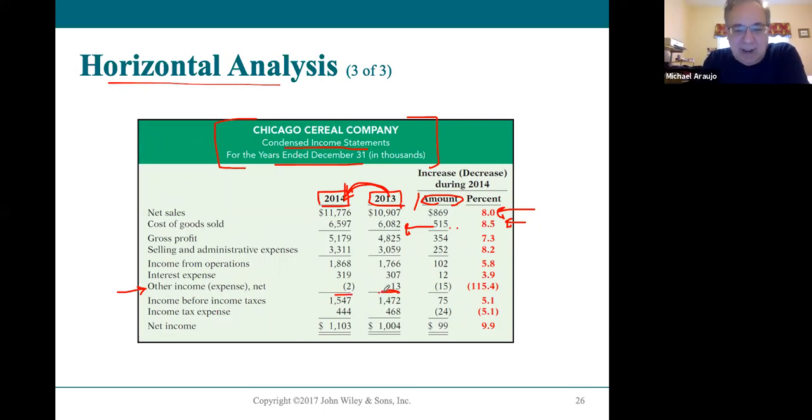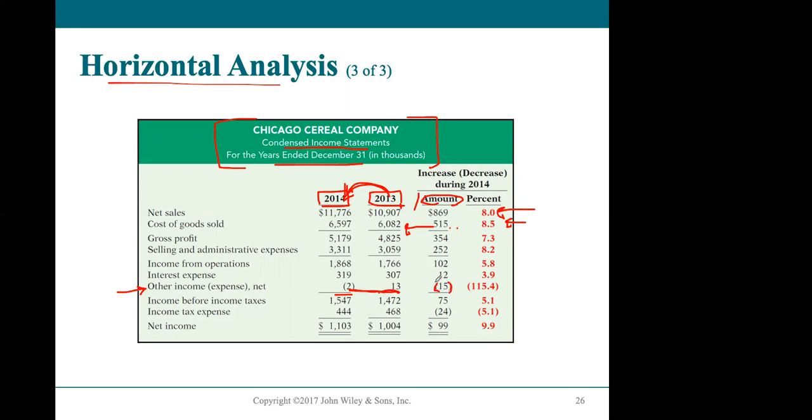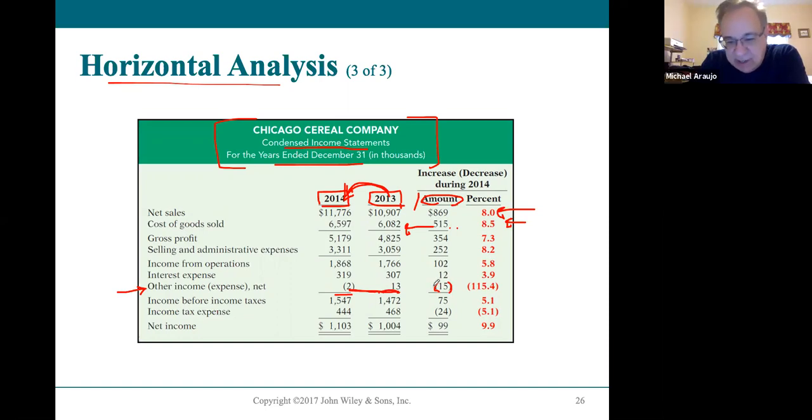So to get from a positive 13 to a negative 2, here's that number line, right? You have to lose 15 places. Are we okay with that so far? Okay. So negative 15 divided by a positive 13 gives you a negative change in the result. So that negative 115.4 is simply the negative 15 divided by the positive 13.